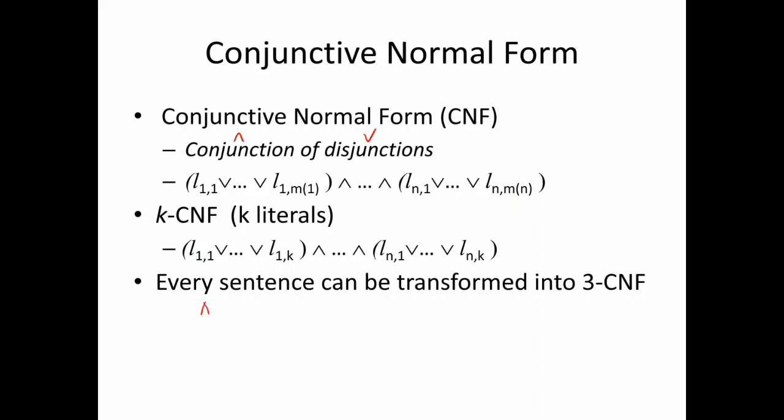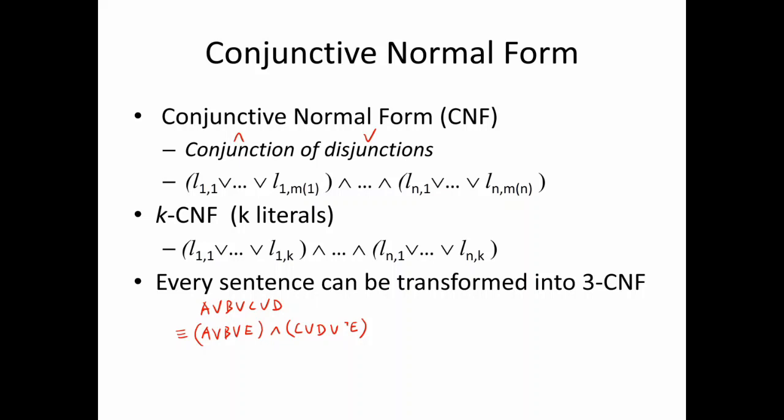So if we have a disjunction of 4 terms, then this can easily be converted to 3CNF by introducing an intermediate. So we can say A or B or E, and C or D or not E. These 2 sentences are equivalent because for the first one, in order for the sentence to be true, at least one of A, B, C, D should be true.